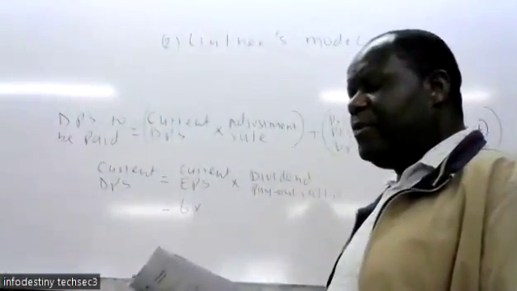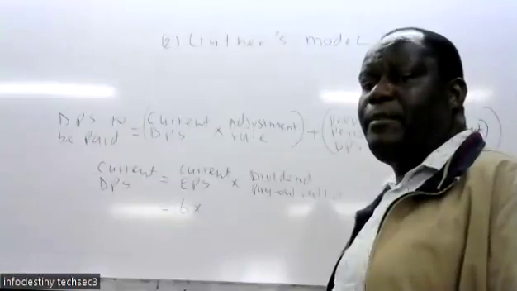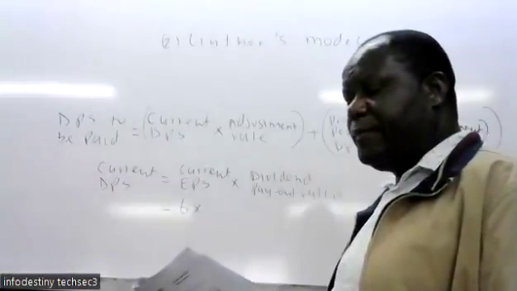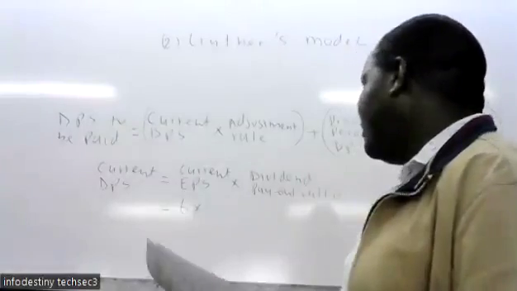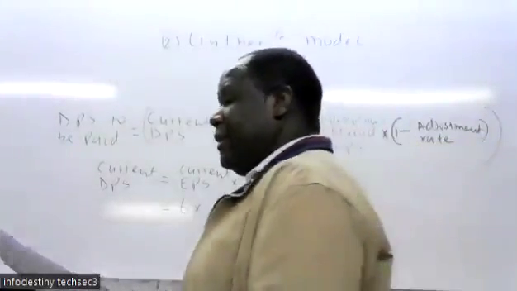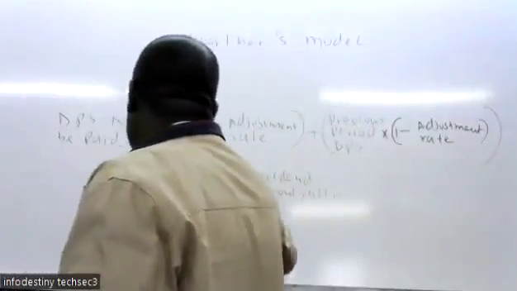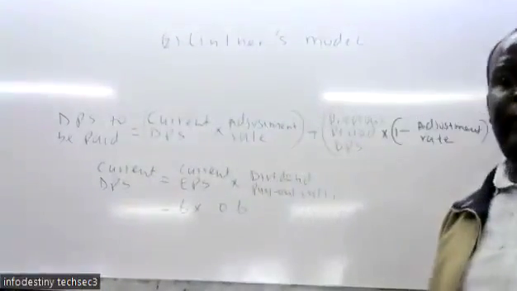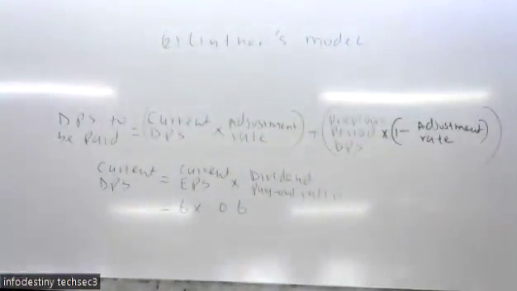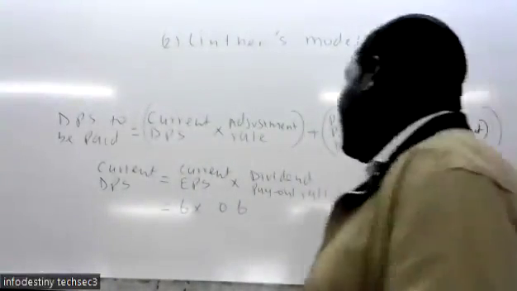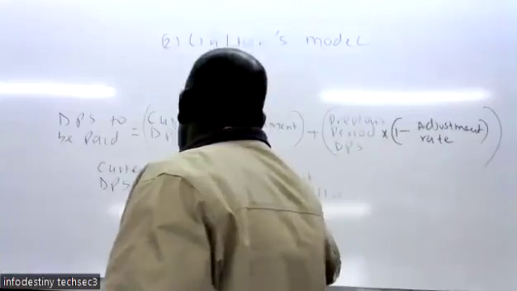The target payout ratio is 60%, so the payout ratio will be 0.6. Multiplied by 0.6, we get the dividend per share, which is 3.6.